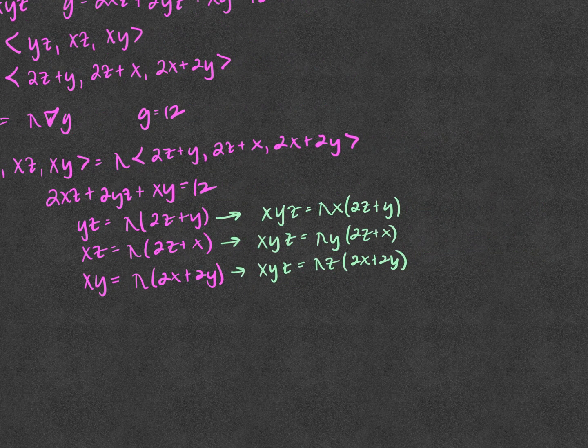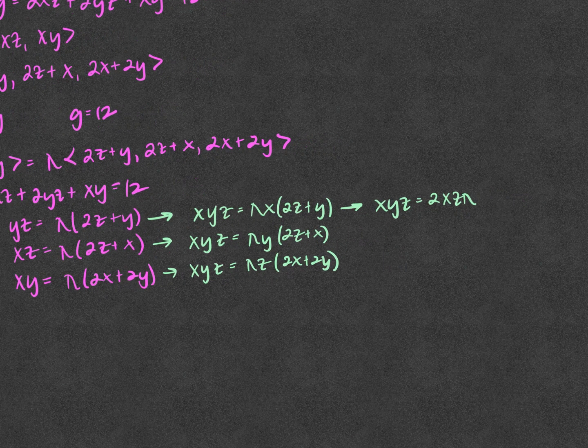Now, if I multiply this out, we have xyz equal to 2xz lambda plus xy lambda. Here, xyz is equal to 2yz lambda plus xy lambda.